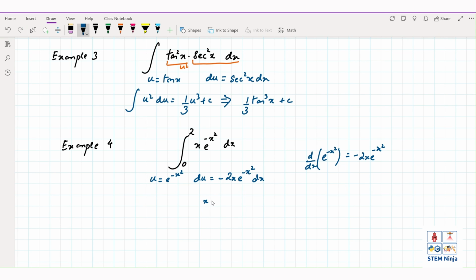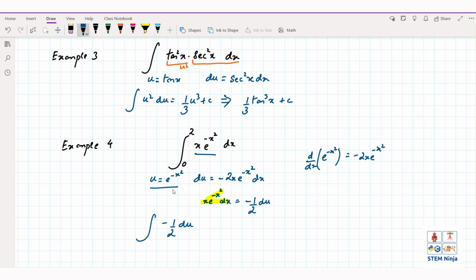So the x e raised to power minus x squared dx is simply minus 1 over 2 du. Notice that there's no u. We don't need u anymore because we have exactly the same thing coming back. So this just simply becomes minus 1 over 2 du, absolutely the way it is.